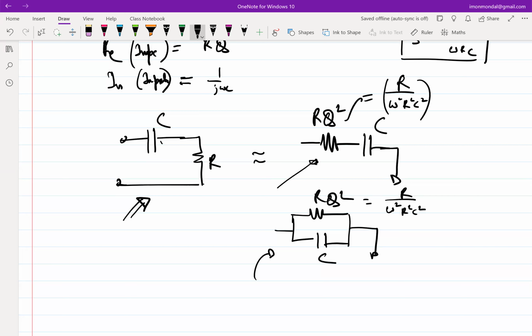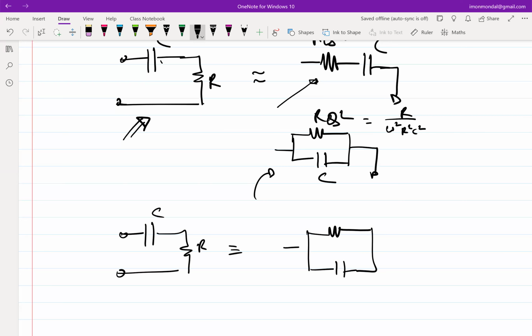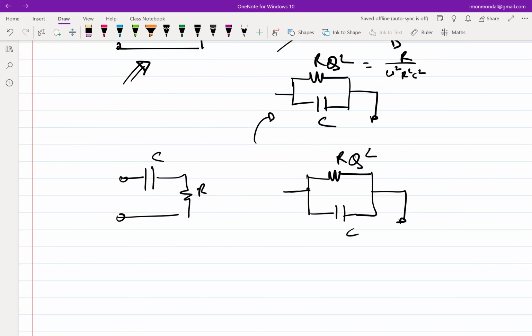So I can basically say that this guy approximates to R times Q squared times C, right? Not exactly equivalent to, approximately equal to, under the condition that 1 by omega RC is much greater than 1, right?